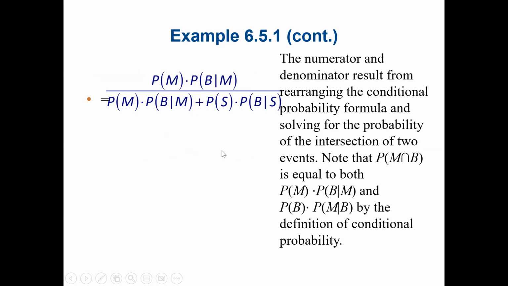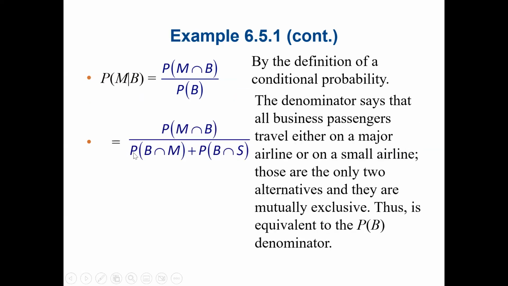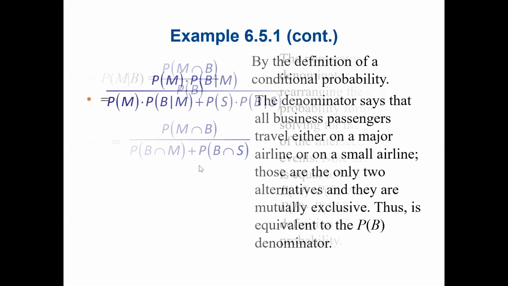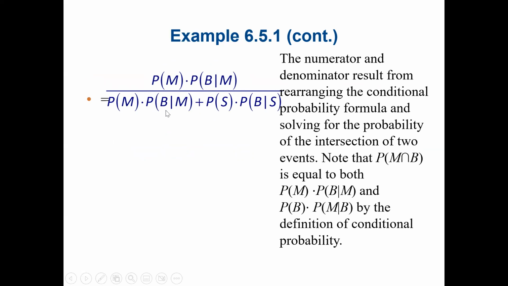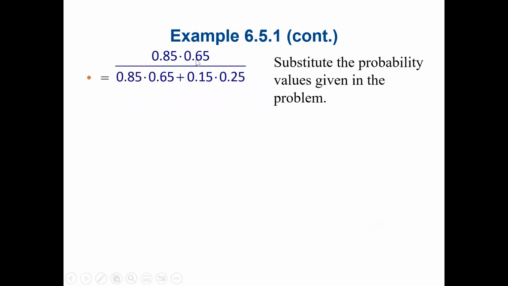So we know the conditional probability. We say the probability of B and M is the same as the probability of M times the probability of B given M, plus the probability of S times the probability of B given S. Because the probability of B and S is the same as the probability of S times the probability of B given S, or the probability of B times the probability of S given B. So from here, we can plug in our values, almost all of which are given to us.